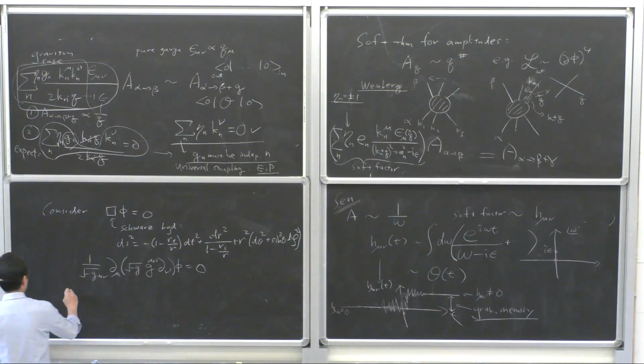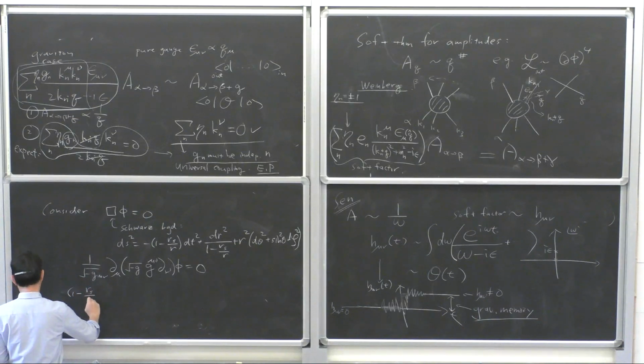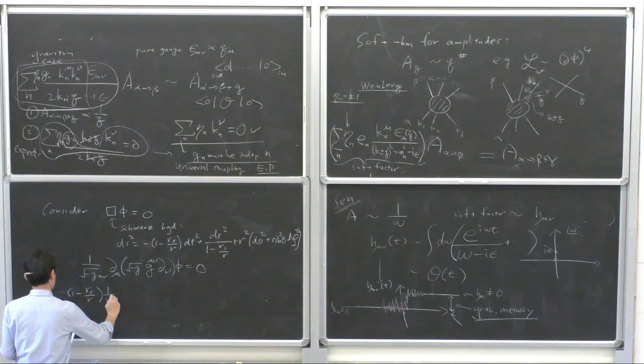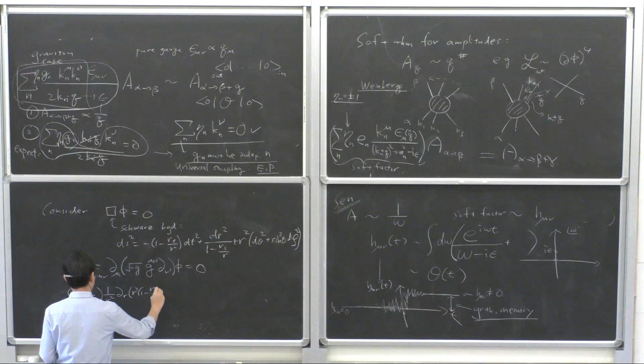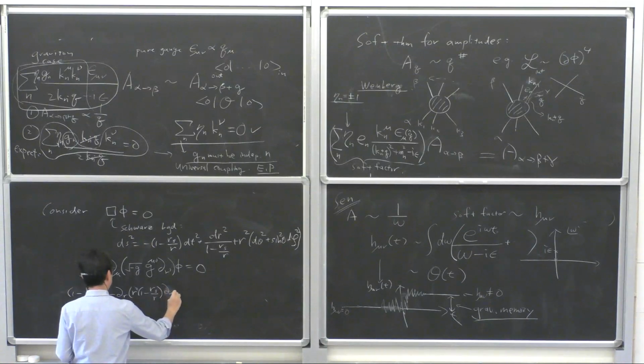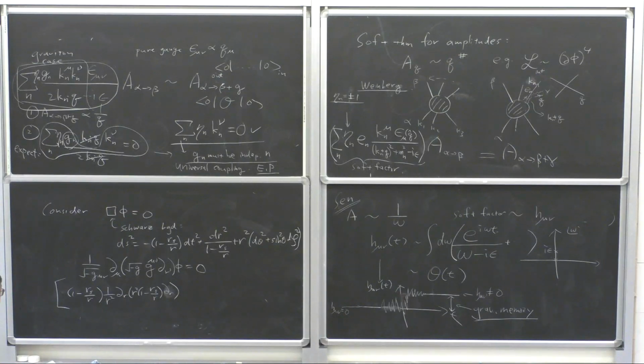Okay, so let me try to write it in a way that is useful for us later. I'm going to write it this way. Sorry, the R. There's this part. This pertains to the radial derivatives.